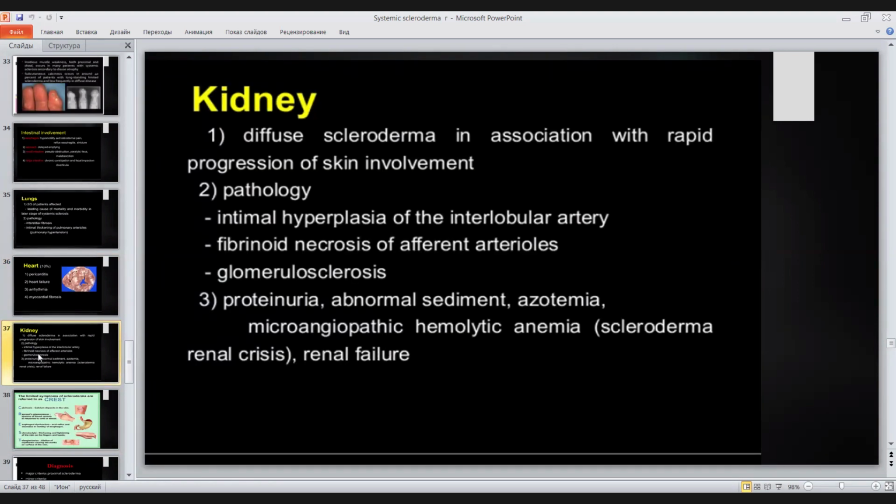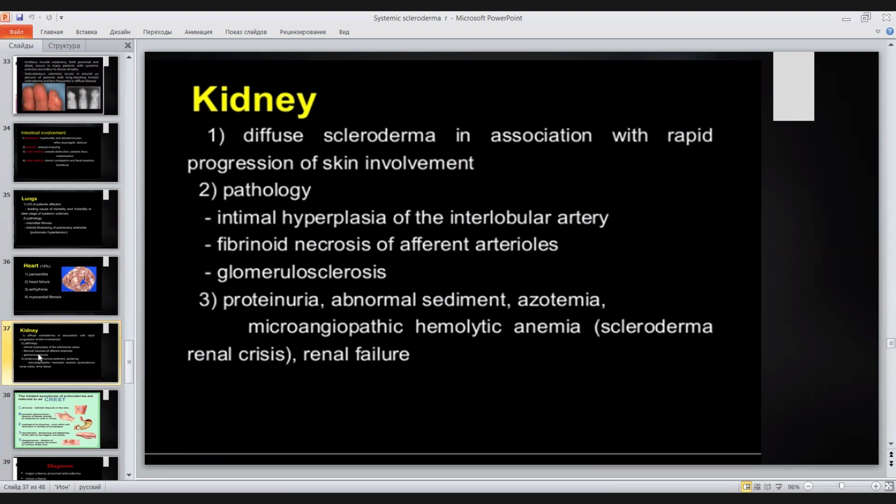Because the kidney is also rich in small arterioles. You know, we have two organs which are rich in small arterioles and vessels: first skin and kidney. That's why patients with systemic scleroderma often have glomerulonephritis, glomerulopathy, different types of glomerulopathy.